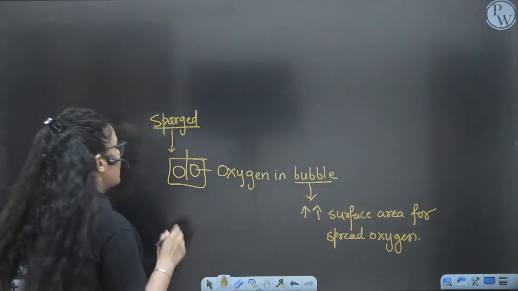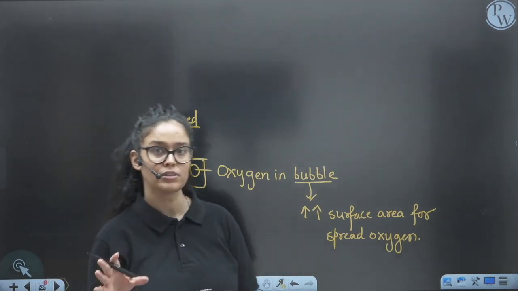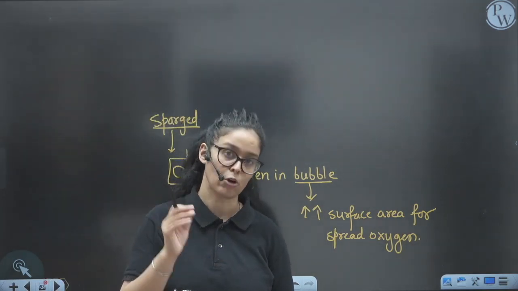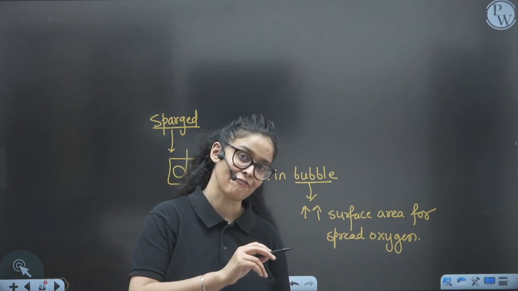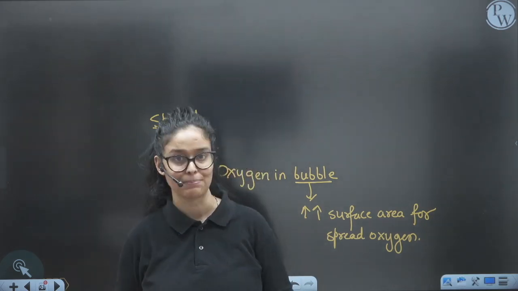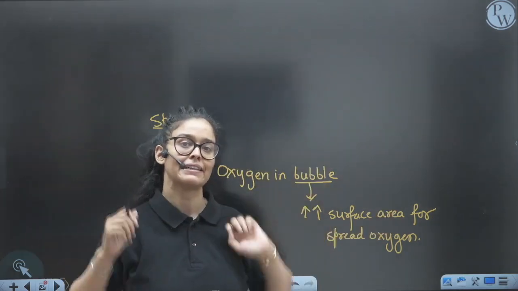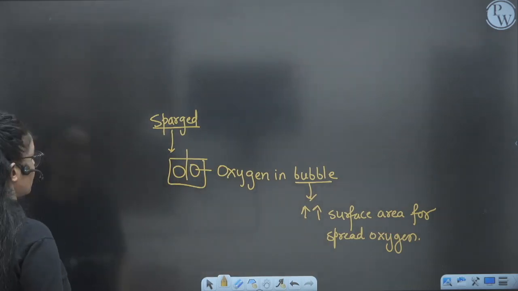So this is the sparge type. Finally, both types of bioreactor have proper oxygen supply. One has a fan, the other has oxygen in bubble form, so that it can increase the surface area for the spread of oxygen, right?